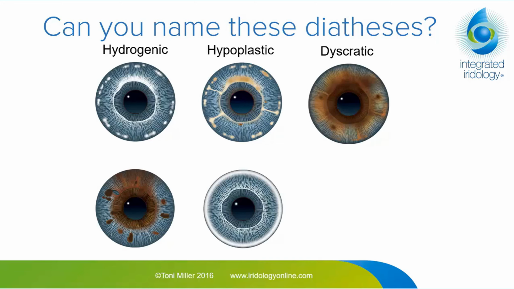If we look at the bottom left, what do we call this diathesis? Did you say miasmic? And what are the identifying features that we look for to determine a miasmic constitution?